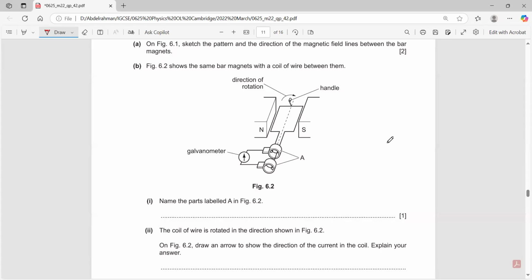How do I know that this is a generator? Because you have a galvanometer. So basically, you are rotating this wire. So this is a generator, not a split ring commutator. This is a slip ring. Slip rings.